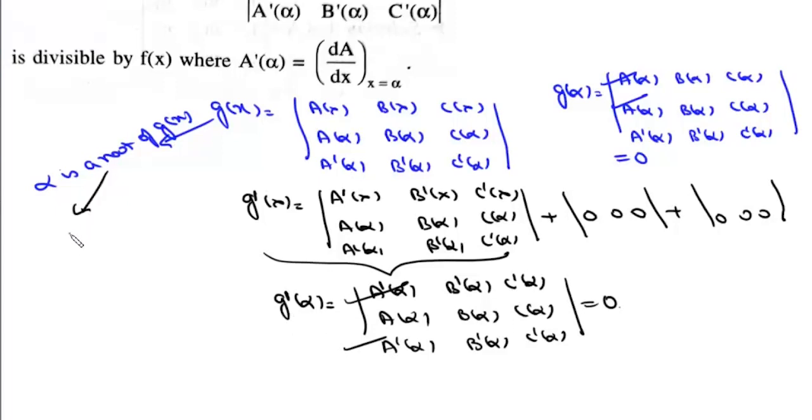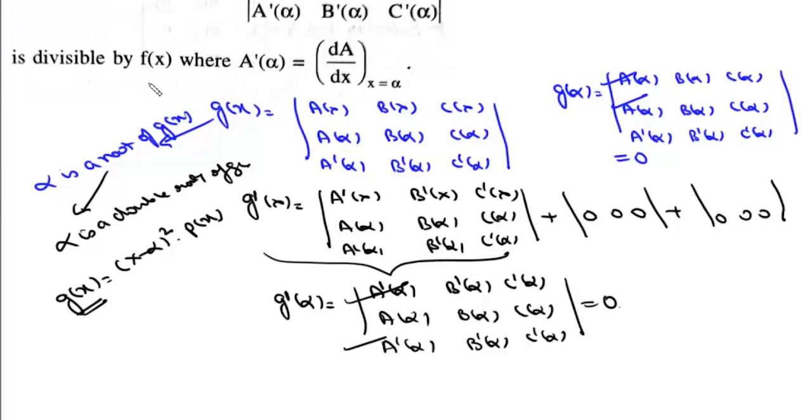So this alpha is a double root of g(x). That means this g(x), it is of the form some (x minus alpha) square into some polynomial, say p(x). That is, this g(x) is divisible by f(x), and which is what we need to prove.